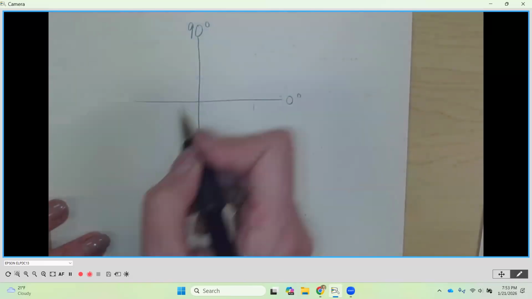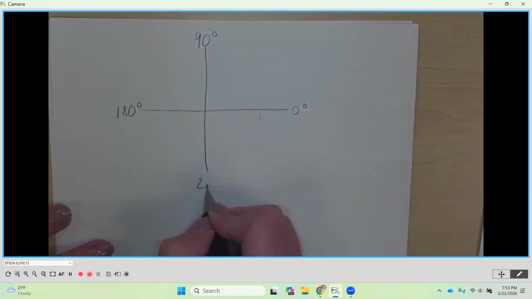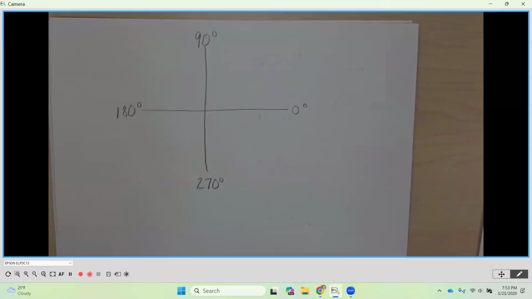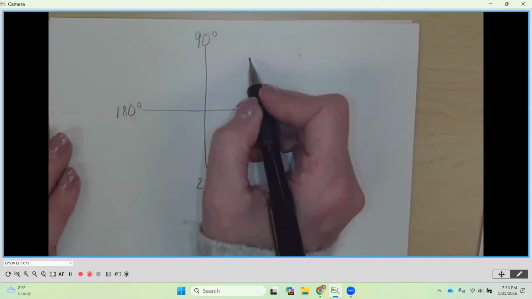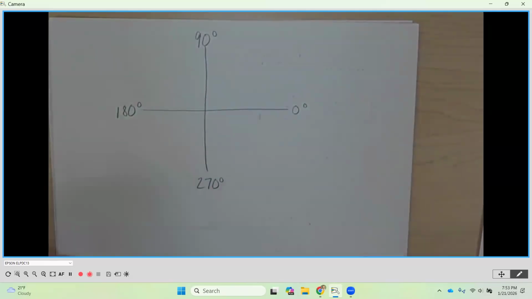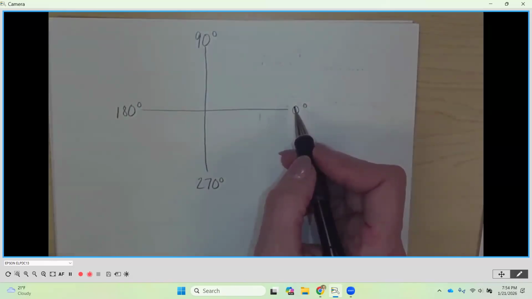This would be 90 degrees. This would be 180 degrees. And this would be 270 degrees. And then back would be 360 all the way around, right? First quadrant, second quadrant, third, and fourth. So the way this is called out is I'm referencing the standard 0 degrees.